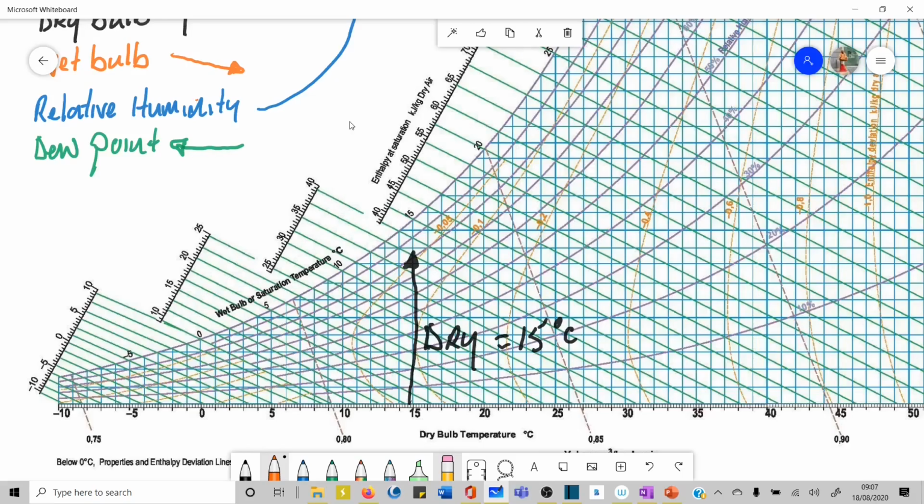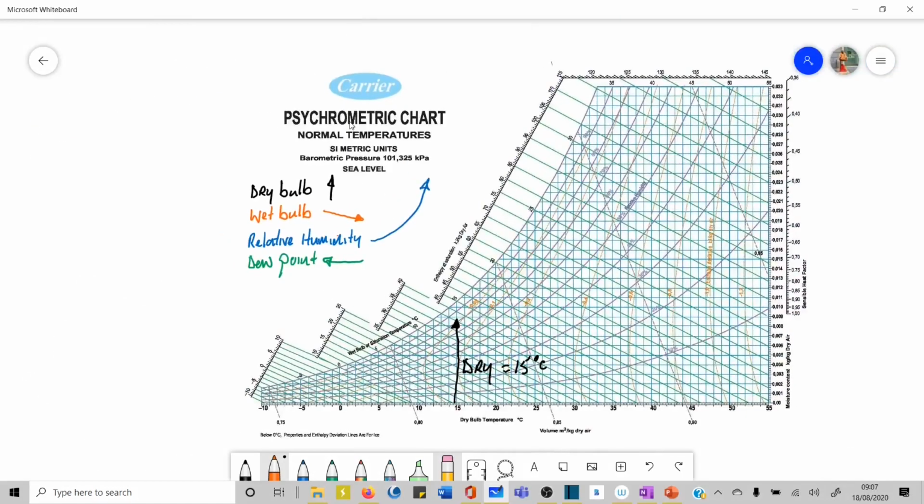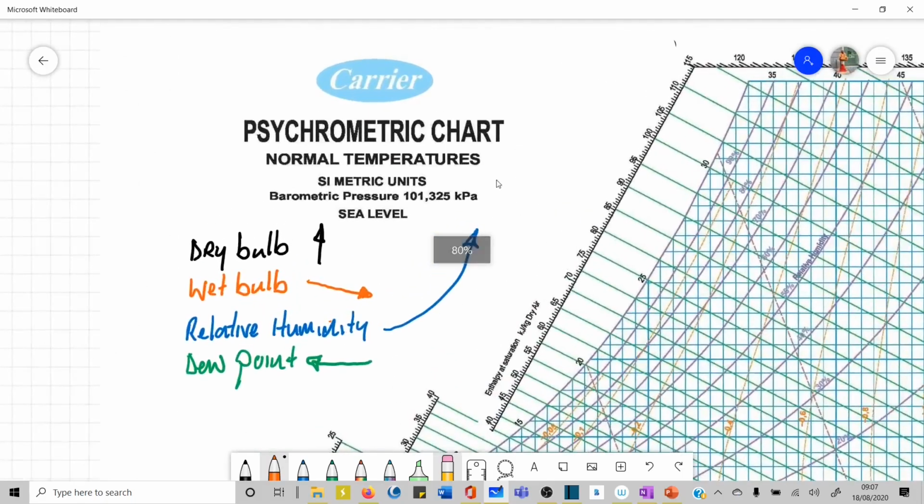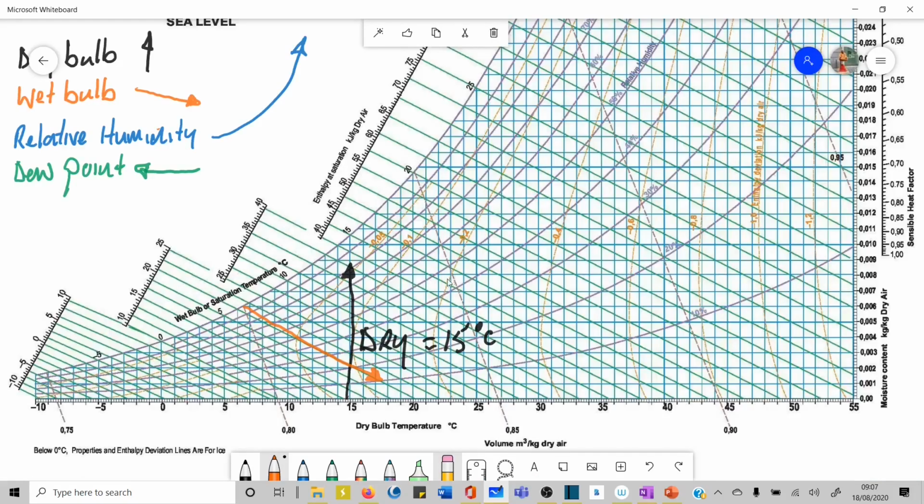So 5, 6, 7. We follow this line along there. We can see that at 7 degrees wet temperature, that goes in that direction, from left to right, and it crosses this line.